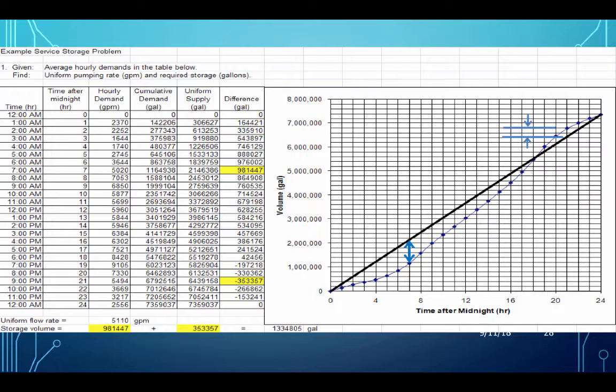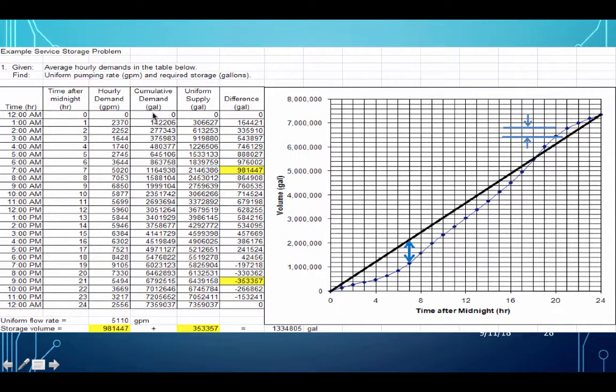Here's an example problem. Suppose that we're given the average hourly demands in the table below. So here's time, here's elapsed time, here's clock time, and the hourly demand, however it's obtained, maybe from historical records or a nearby community, and we find the gallons per minute for a particular 24-hour period.